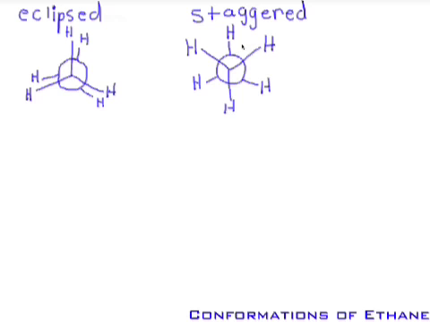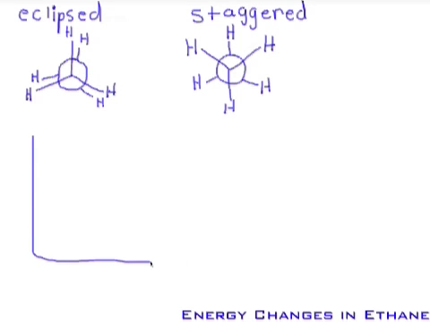As I stated, the eclipsed is high energy. Why don't we make a graph now, if we can? And it's going to have energy along this scale. And we're going to start at 0 degrees rotation.